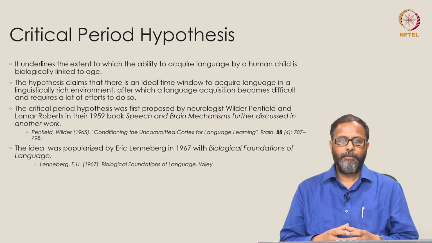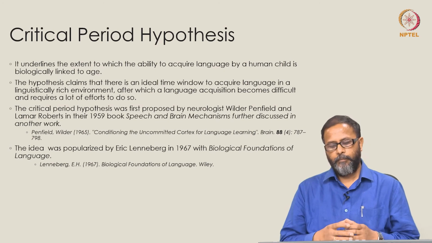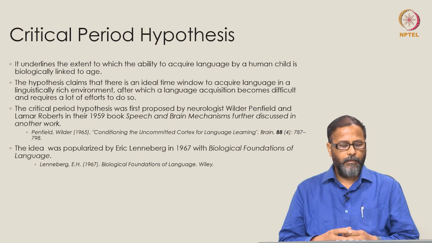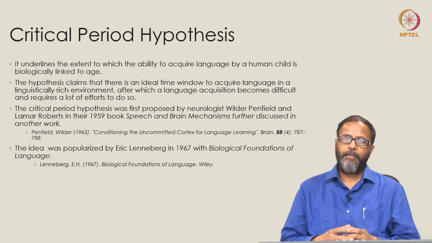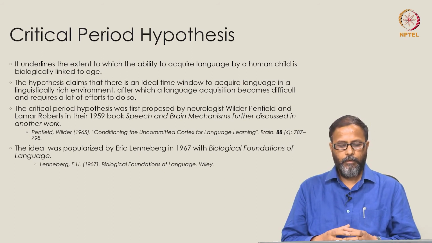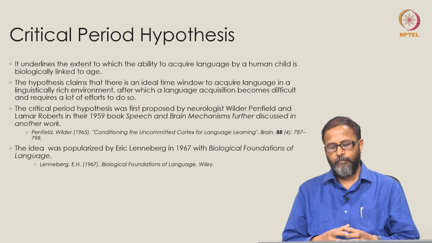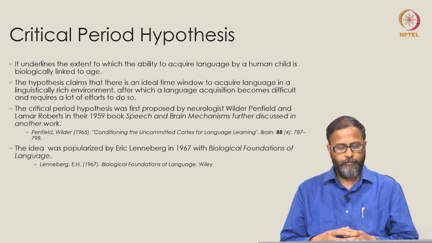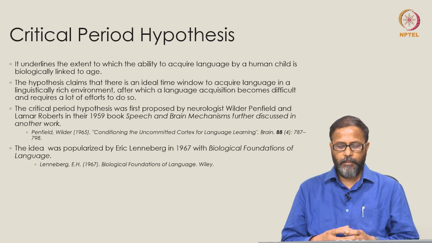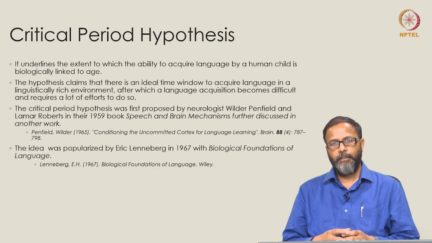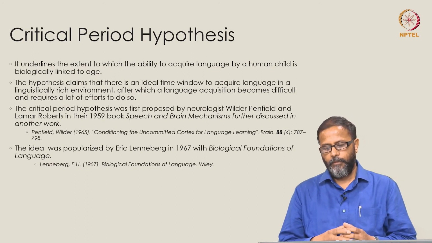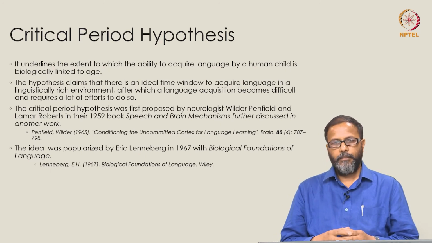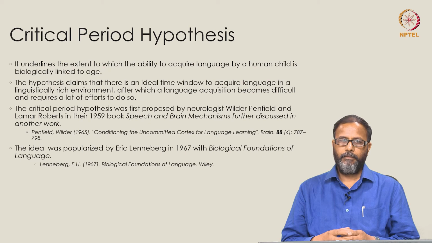This hypothesis was first proposed by neurologist Wilder Penfield and Lamar Roberts in their 1959 book called Speech and Brain Mechanisms, and further discussed in another work by Penfield, Conditioning the Uncommitted Cortex for Language Learning, published in Brain, volume 88, volume 4, pages 787 to 798.